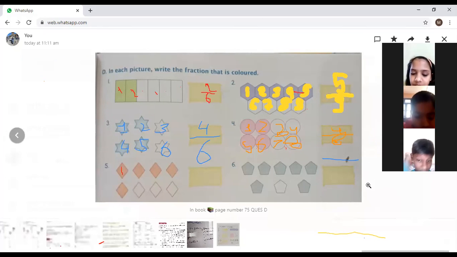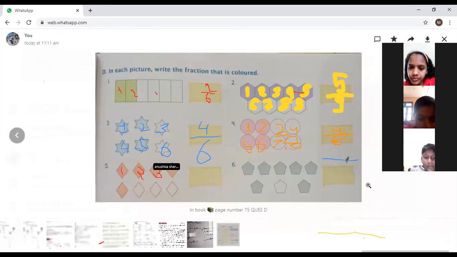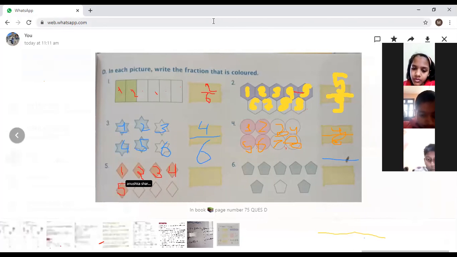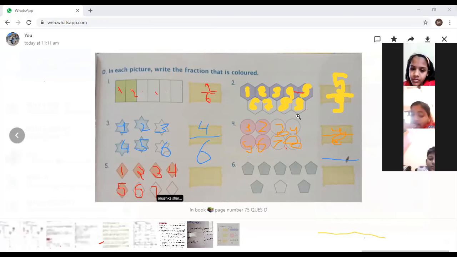There are 8 boxes. 1, 2, okay, Anushka, good. 3, good, Anushka. Very good. 4, good. 5, good. 6, good. 7, 8.